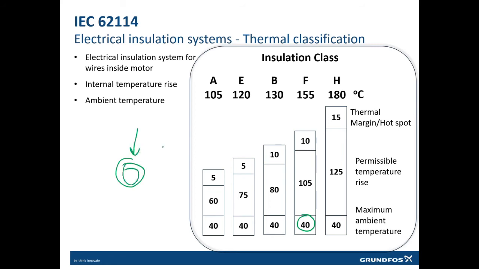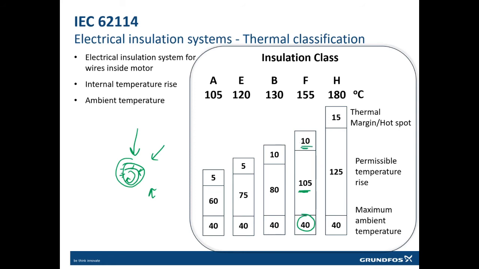This is the ambient temperature outside, the air. 105 is the permissible temperature rise. This is the temperature rise inside the motor, because of the winding, because of the resistance of the rotation, whatever heat is generated inside the motor must not increase 105, and then this 10 degrees is the margin.